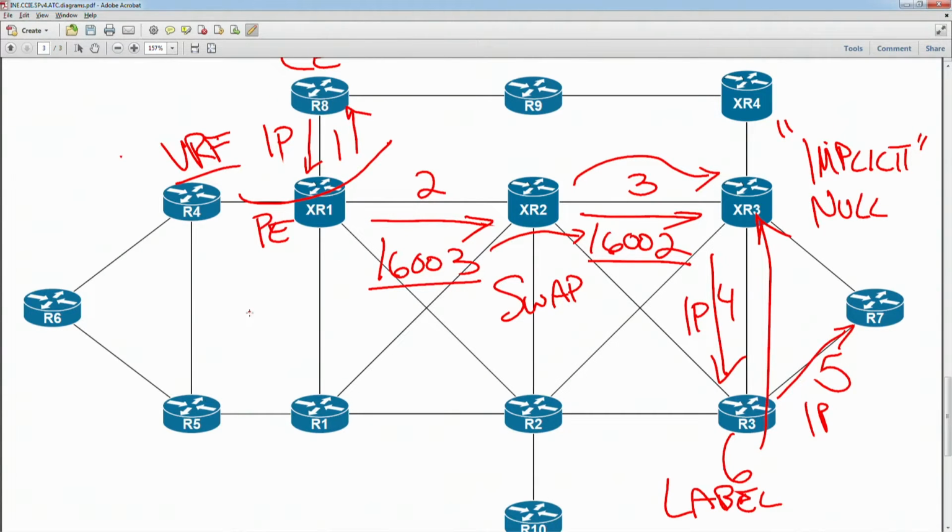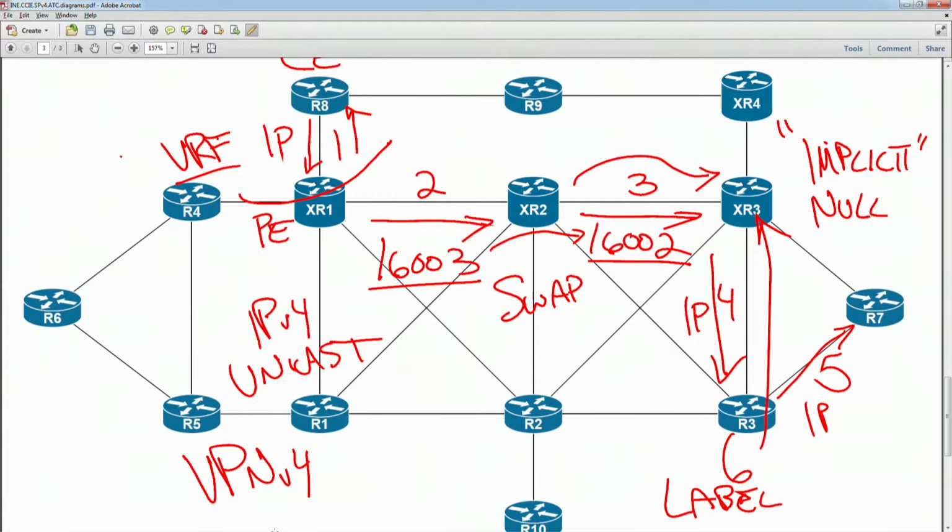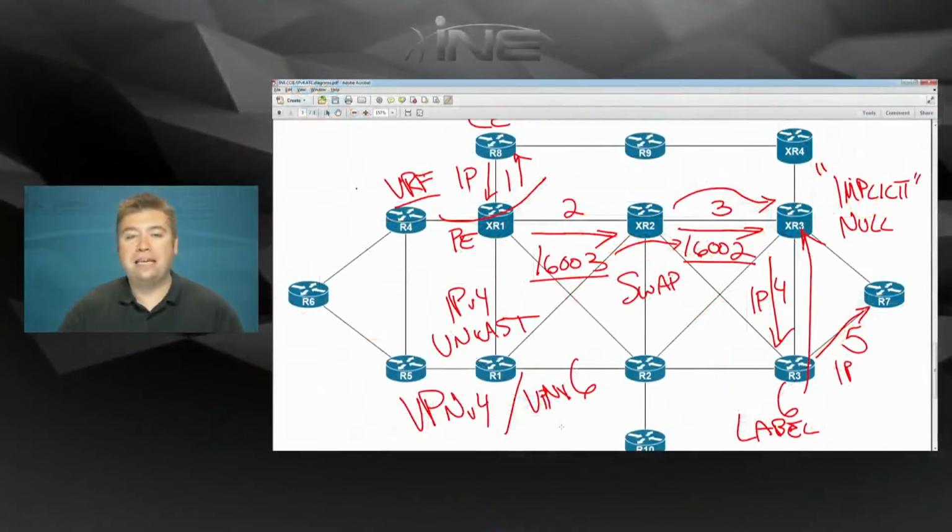And then instead of running IPv4 unicast BGP over the core, we're going to be running either VPNv4 for IPv4 routing or VPNv6 for IPv6 routing. But the basic principle is always going to stay the same, that the devices in the MPLS core don't need to know about the original source or the final destination. The only thing that they care about is what is the ingress router and what is the egress router.